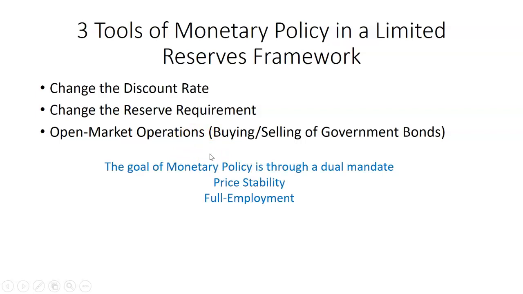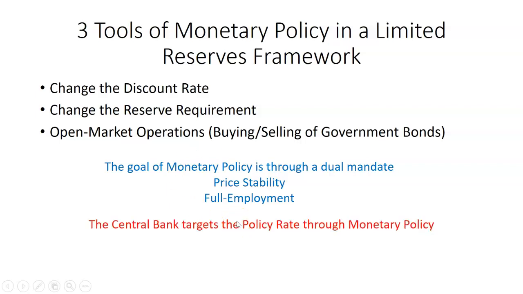The goal of monetary policy is through a dual mandate. The central banks are looking for price stability, so they're trying to control inflation, and they're also trying to have full employment. The central bank targets the policy rate through monetary policy.